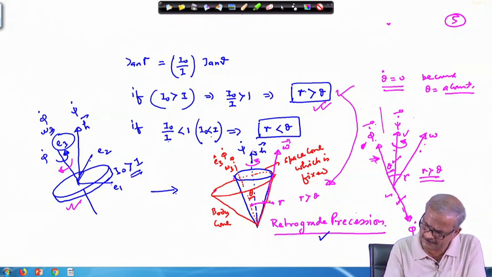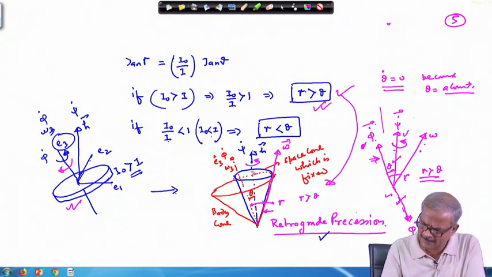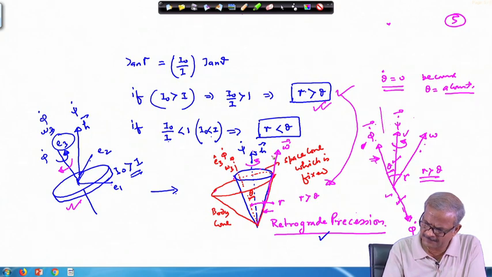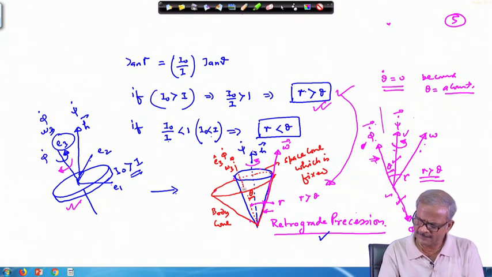This is the meeting line. As the outer cone rolls over this inner cone, the line of contact will change. The omega vector right now is here, after some time it will go here, it will come along this line, then back again to this place. So, it will keep revolving.